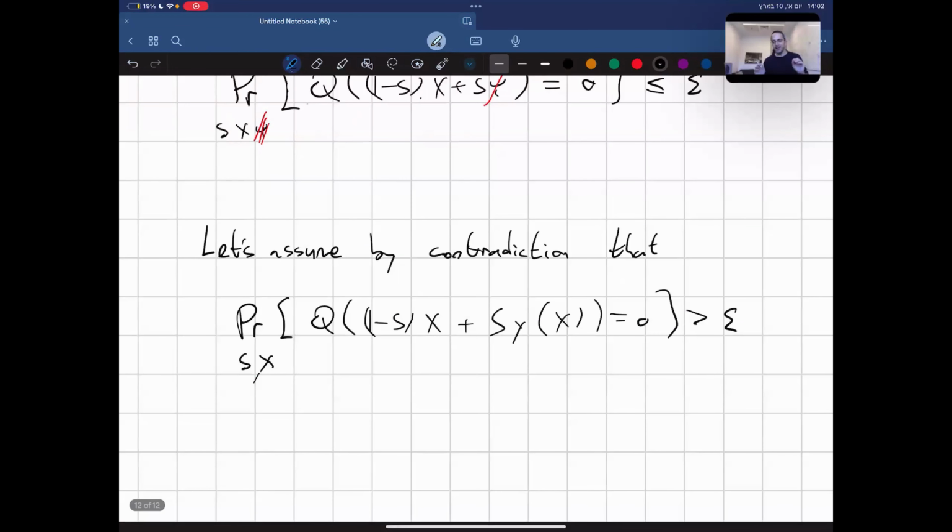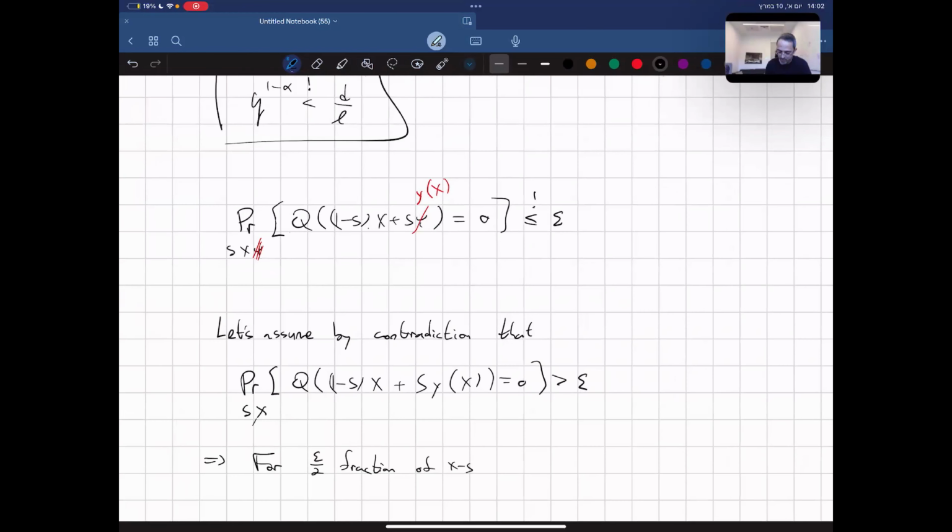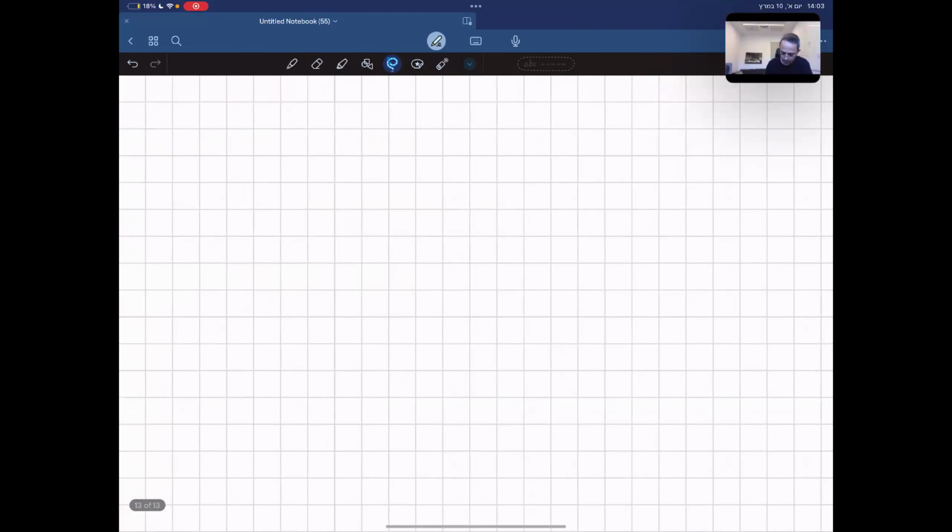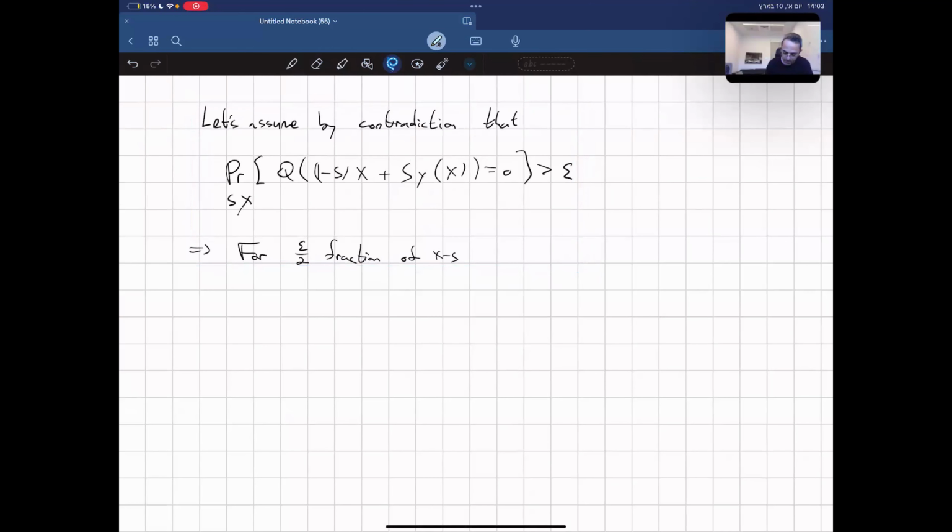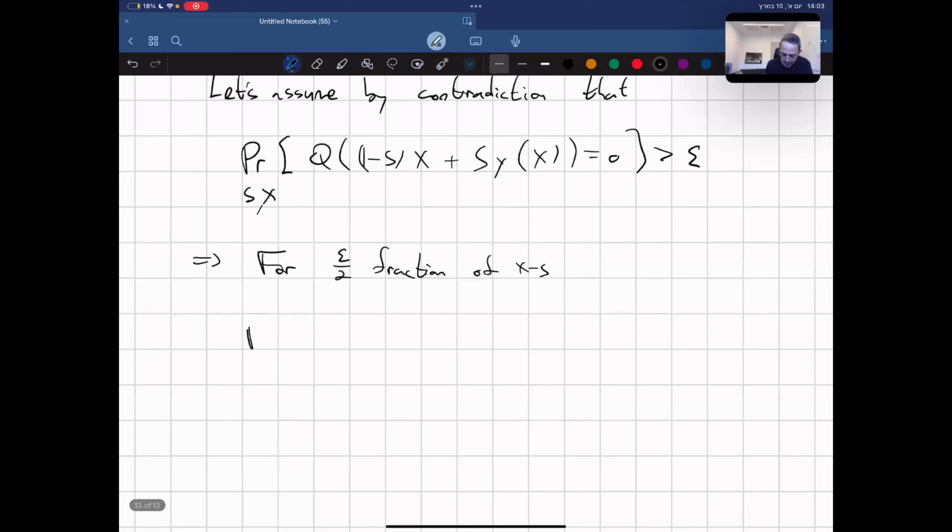Now what I'm claiming, and it requires a little bit of thought, is that if this happens, then for an epsilon over 2 fraction of the x's, we have that the probability over s alone of Q of (1 minus s) little x plus s times little y of little x equals 0 is at least epsilon over 2.